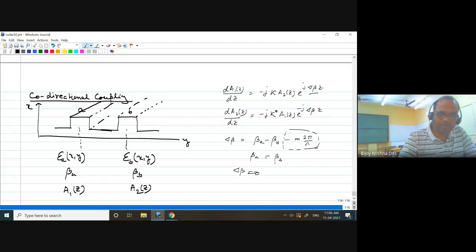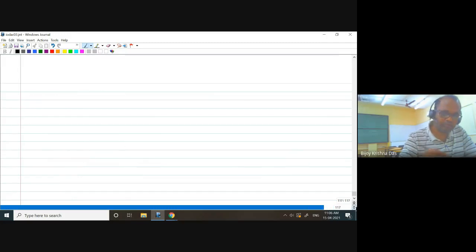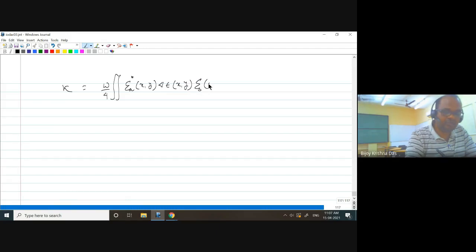Next thing is to calculate the kappa value. Kappa we normally define as omega by 4 times the integral of E_A star (x,y), with any perturbation that has to be considered, times E_B(x,y) dx dy.